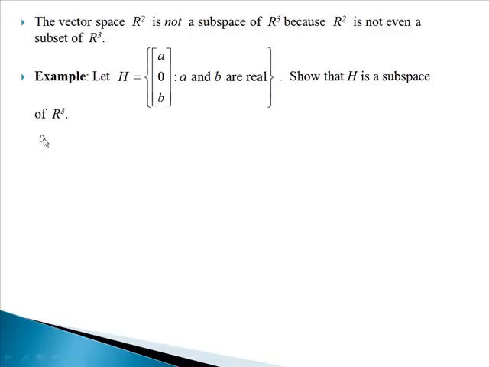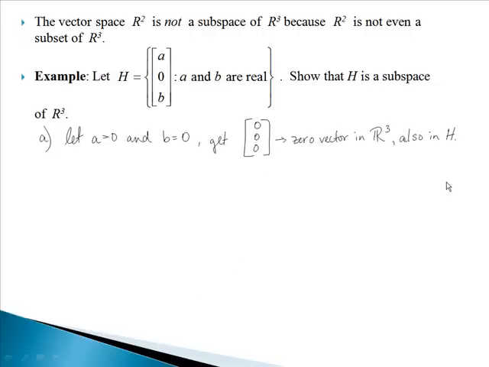Remember, the first property is that the zero vector is in H, and that's the zero vector of R3, our original space. So we're going to let A equal 0 and B equal 0, and then we will get the zero vector of R3, and that is also in H. So we've shown that the zero vector of R3 is an element of H.